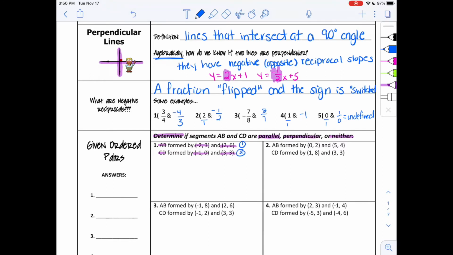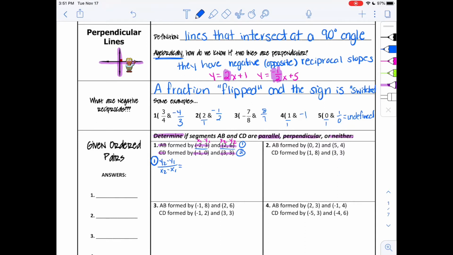So to find the slope of my first one, using my first 2 points here, again finding that slope, y2 minus y1 over x2 minus x1. And you can label your points if that's helpful: x1, y1, x2, y2.